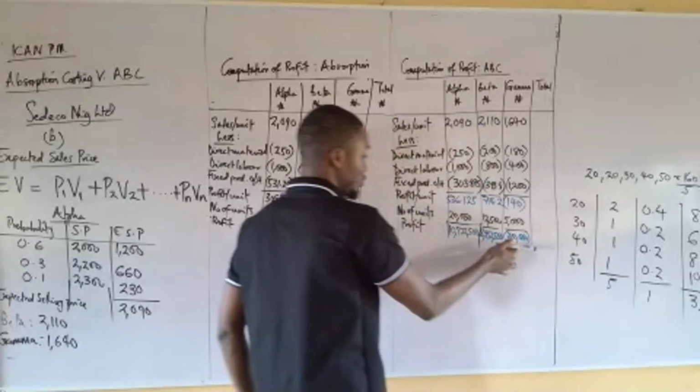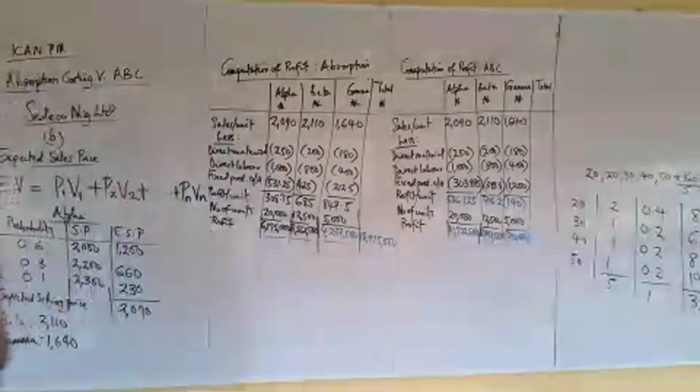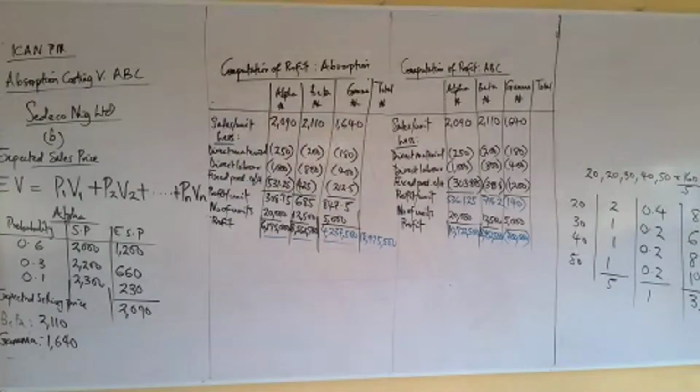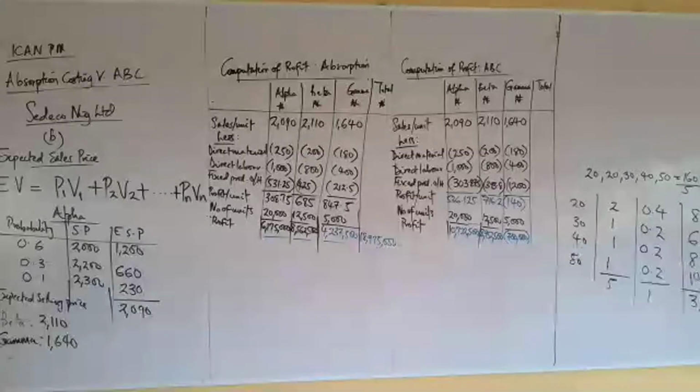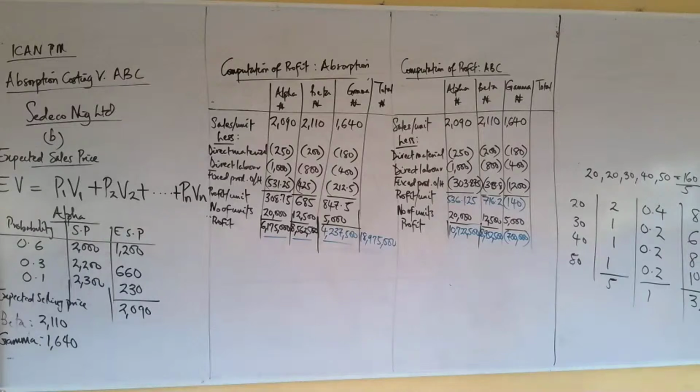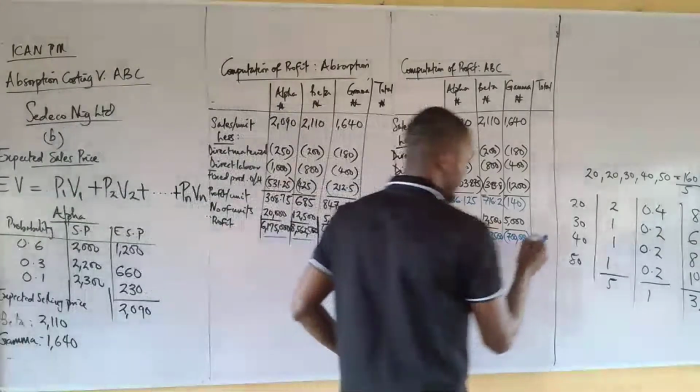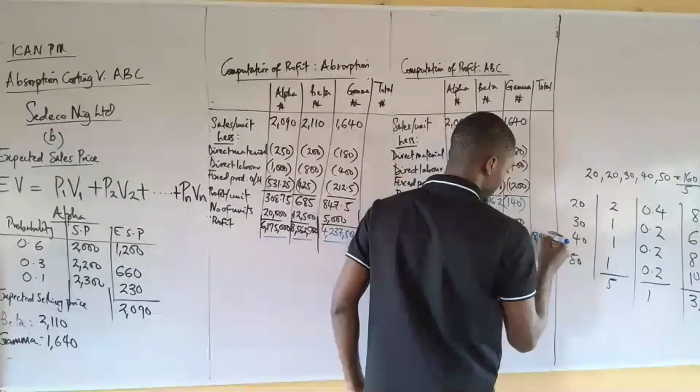Now when you're adding, subtract 700,000. 18,975. 18,000.